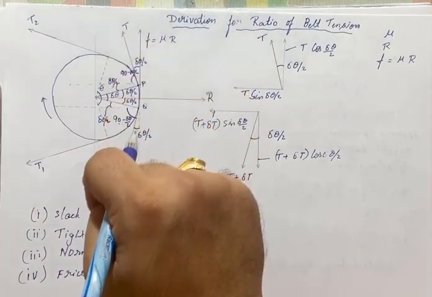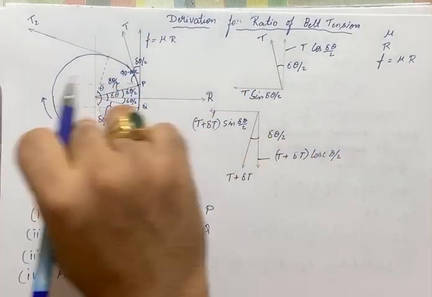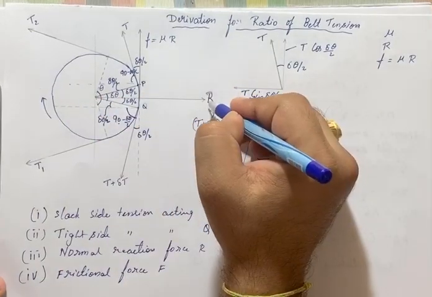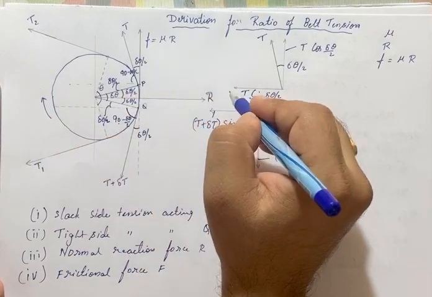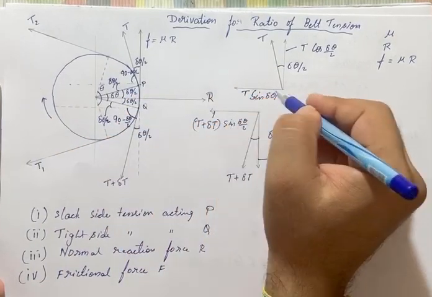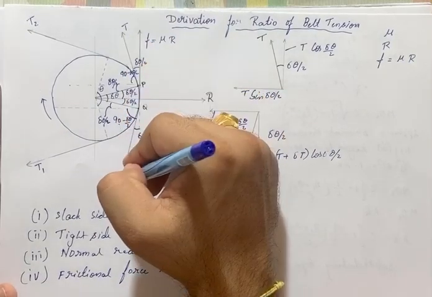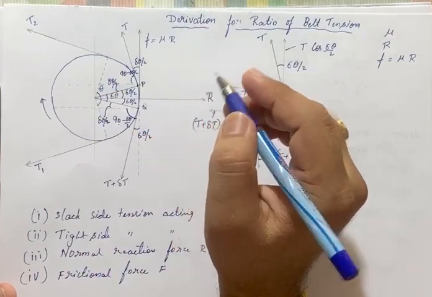Horizontal means in this direction, that is the x direction. What forces do we have? First force is R, which is acting in the direction of x. Next are the tension forces, that is T and T plus delta T, in the horizontal direction. These are the three forces we have.